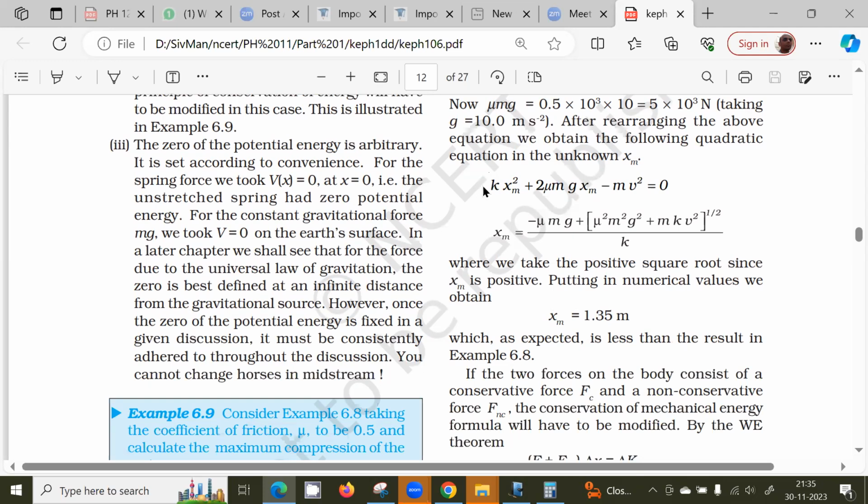You can solve it later because it will take time. This is a basic quadratic equation, and the answer is 1.35.